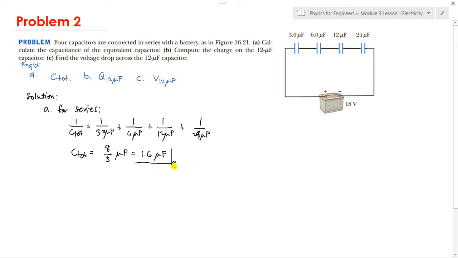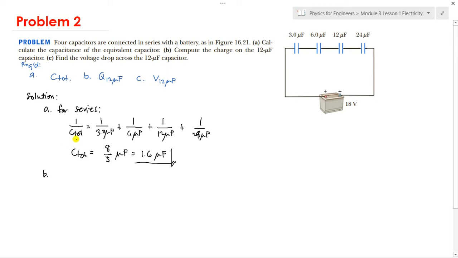Now, we're going to solve for the charge. So, that is letter B. That is the charge at 12 microfarad. Actually, for a series, the charge at any of these capacitors is just the same.